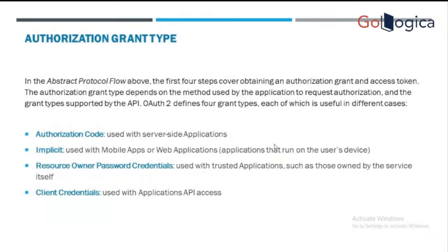As you know, there are four steps covering obtaining an authorization grant and the access token. The authorization grant type depends on the method used by the application to request authorization, and the grant types supported by the API. So OAuth2 defines four grant types, each of which is useful in different cases.